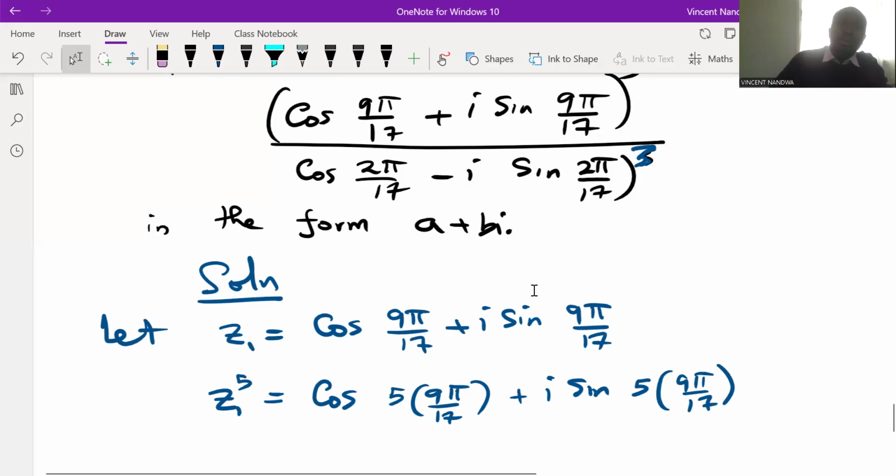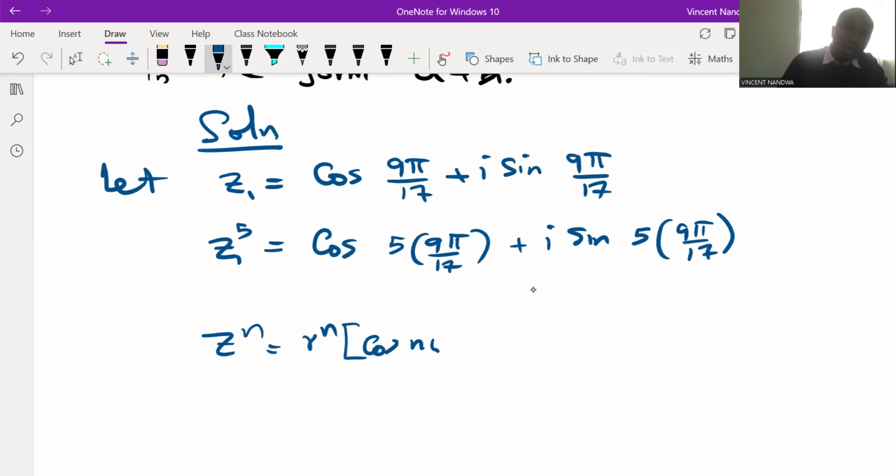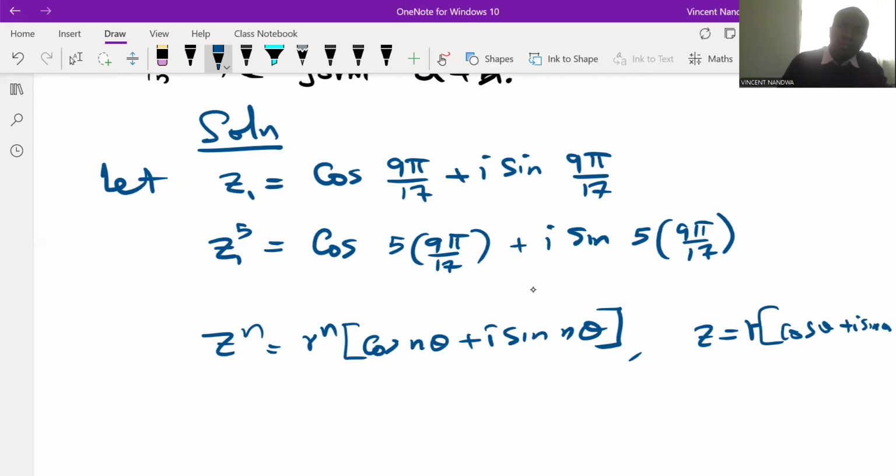So just applying the Moivre's theorem that states that Z power n is R power n into cos n theta plus I sine n theta when Z is given by R cos theta plus I sine theta. So that's the definition.